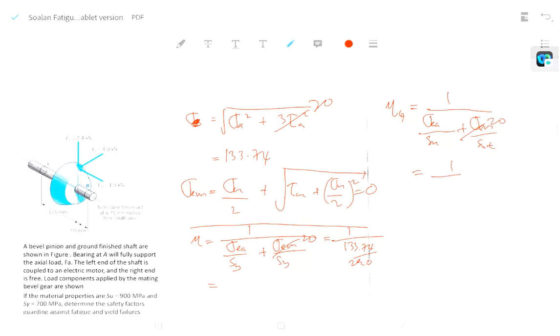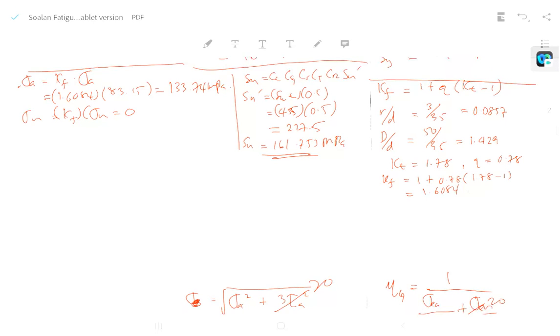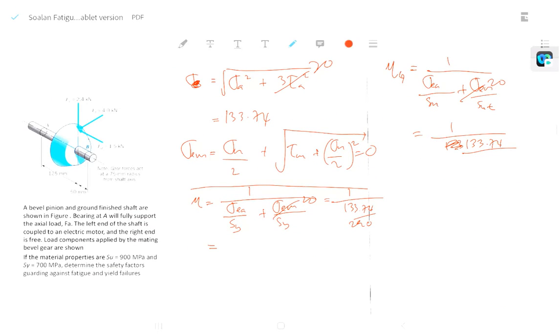This is 1 over 133.74 divided by Sn. We have calculated the Sn. Our Sn is 161.75. Okay, what is the value?